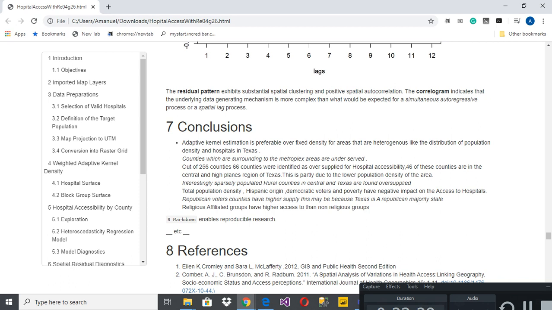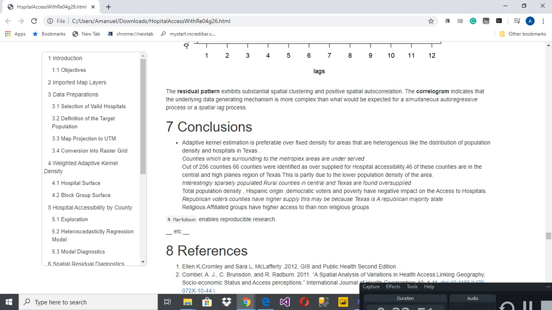Counties which surround the metroplex areas are underserved. Out of 256 counties, 66 counties were identified as oversupplied for hospital accessibility, and 46 of these counties are in the central and high plains region of Texas.